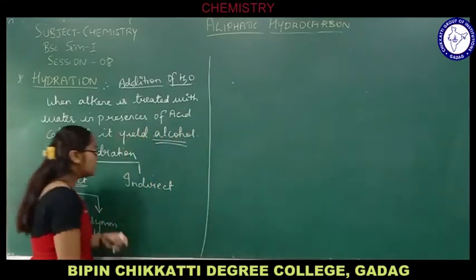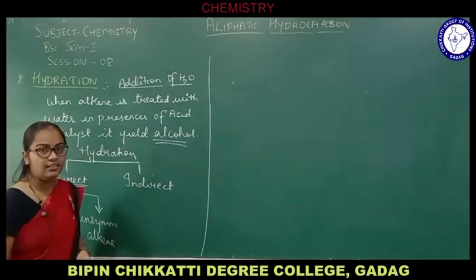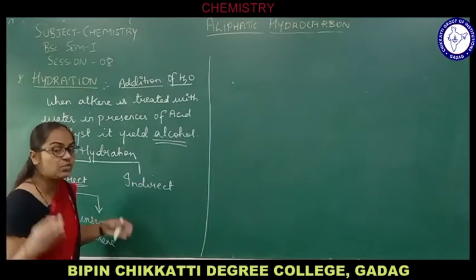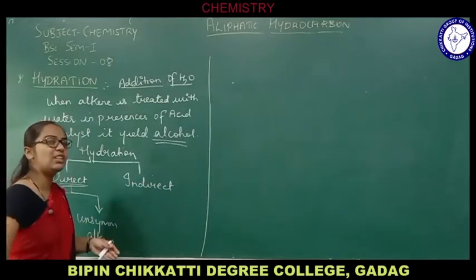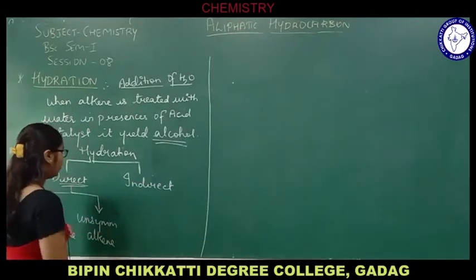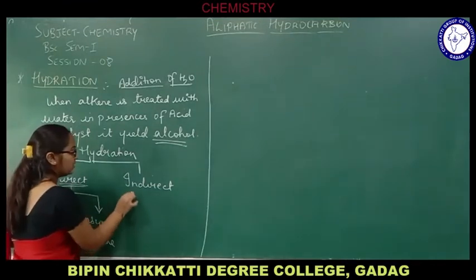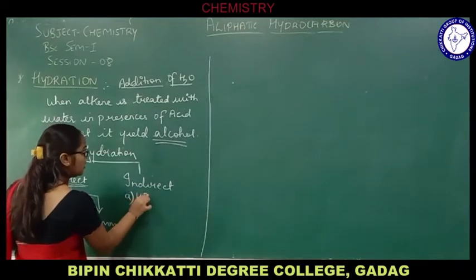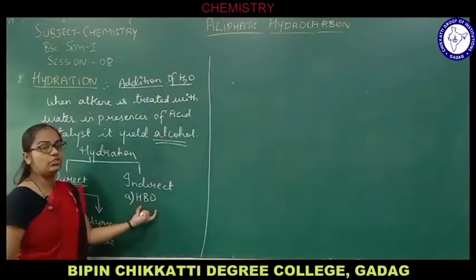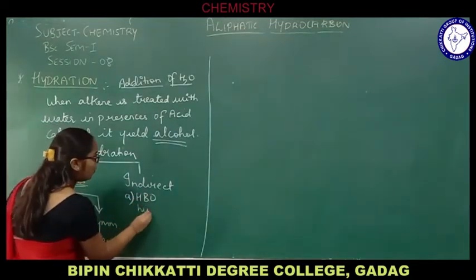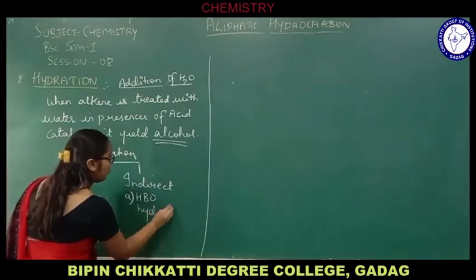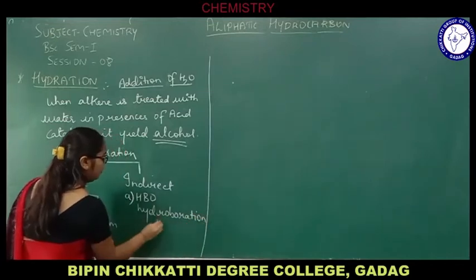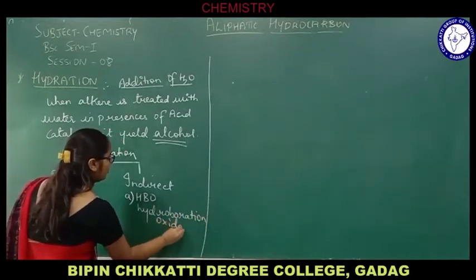Whereas in the indirect method, the addition of water takes place towards the olefin in a totally indirect way, right? Here it involves two important methodologies. The first one is HBO, which stands for hydroboration oxidation.